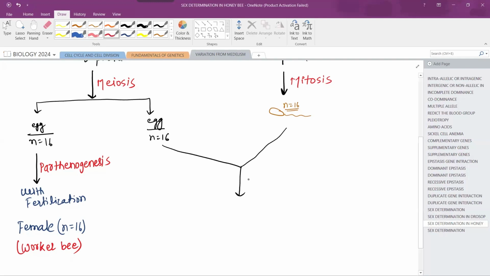There is a process of fertilization. After fertilization, this is going to produce a female or a male? It will produce a female.